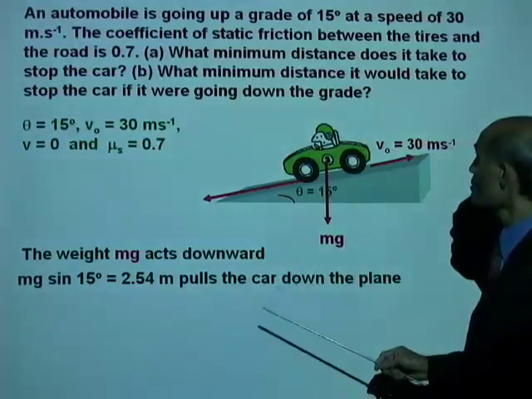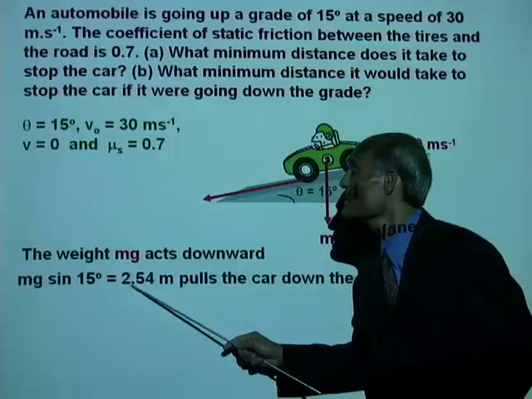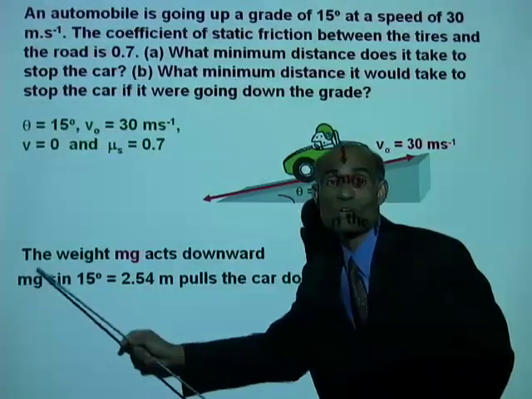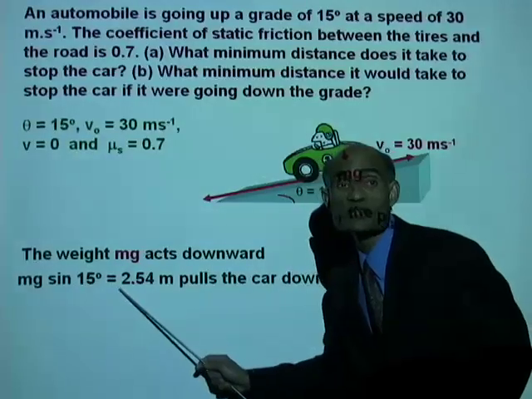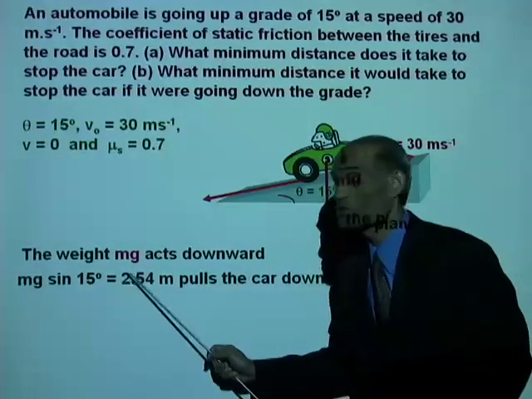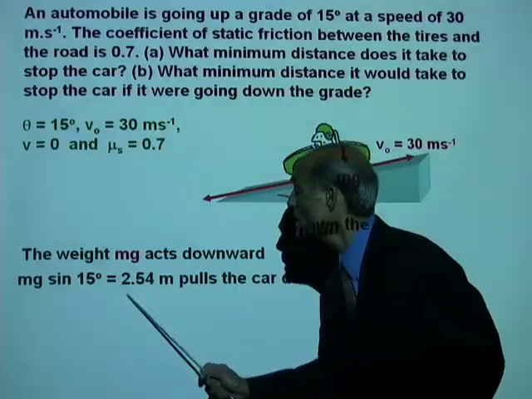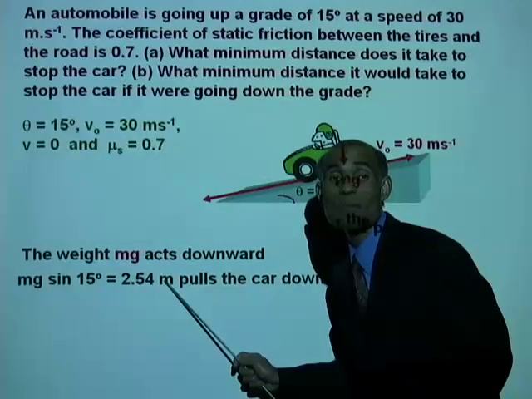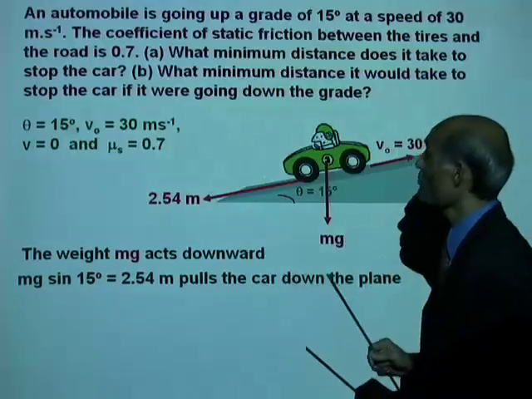So what is the force pulling the car down the plane? Mg sine 15 degrees. We don't know the mass of the car, but g sine 15 degrees is 2.54. So the force that is pulling the car down the plane is 2.54 m, where m is the mass of the car.